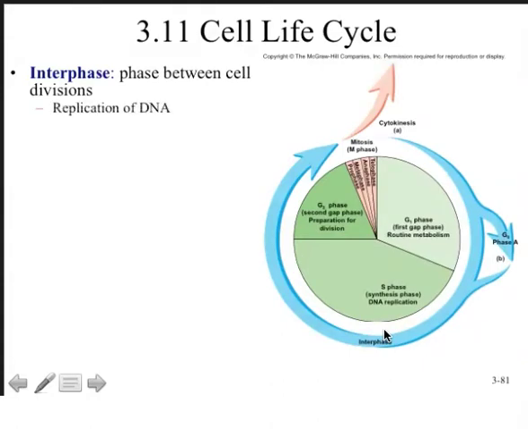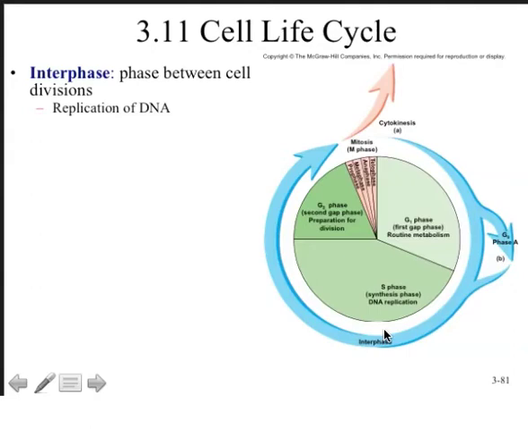But at some point, outside signals will affect processes inside the cell that tell it to reproduce its genetic material, so that we go from a 2n number to a 4n number. So we go from being diploid to, right before mitosis begins, actually being tetraploid.